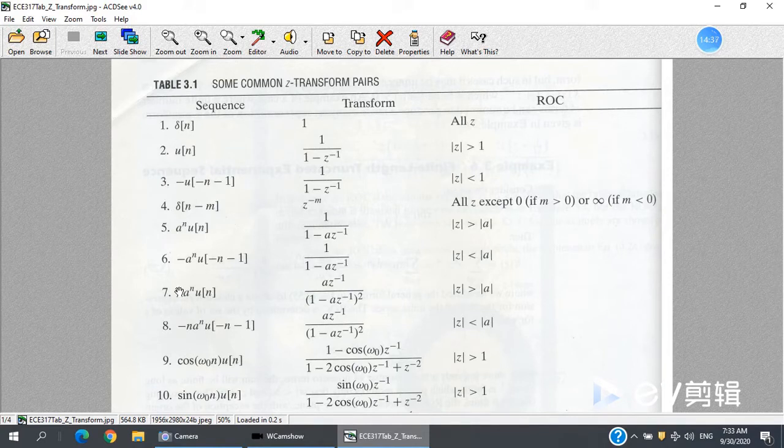The leftmost column has the signals, sequences of numbers, which are digital signals, discrete time signals. We have delta of n, the unit impulse, u of n, the unit step, and negative u of negative n minus 1. This is also a step function, but it is a step down.